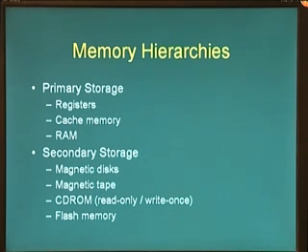On the other hand, secondary storage devices, of which some examples are magnetic disks like the hard disk on your PC, magnetic tape, which is primarily used in many locations for archiving data or taking backups of data. Then there are CD-ROMs, there are read-only CD-ROMs, there are write-once CD-ROMs, there are even some kinds of read-write CD-ROMs that are available today.